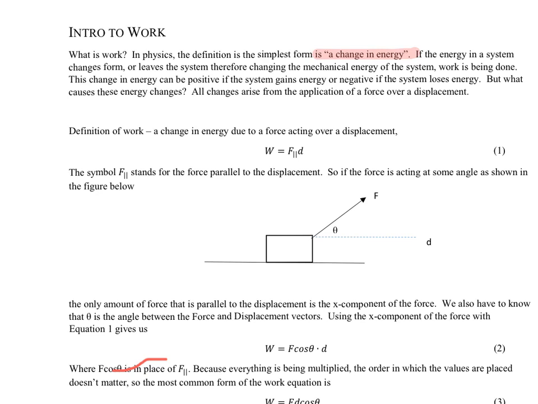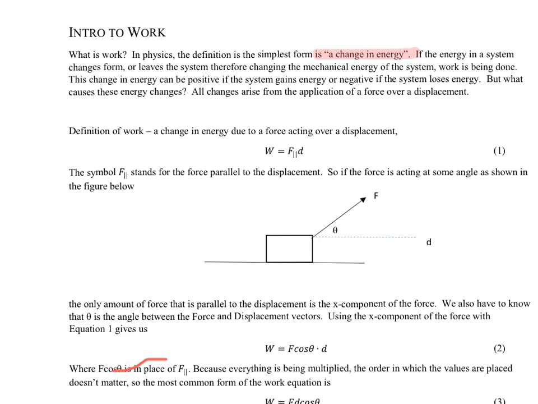They will ask you what the work done is, but you will have to find that from the change in energy. Then they'll ask what the change in energy is in this situation, and you'll have to find it by the work equation. They're going to flip those two, just to check that you understand what the definitions are.